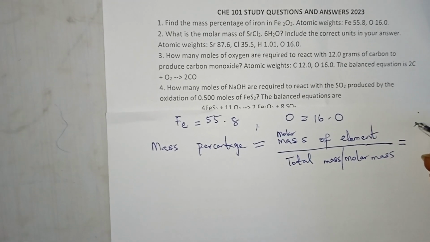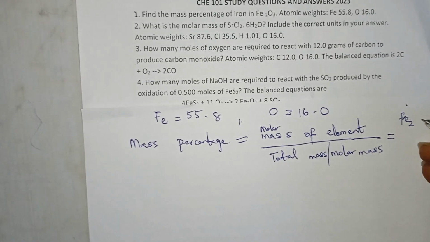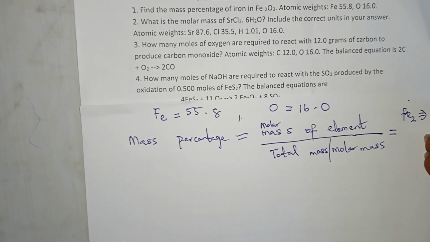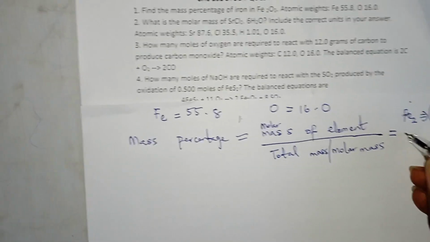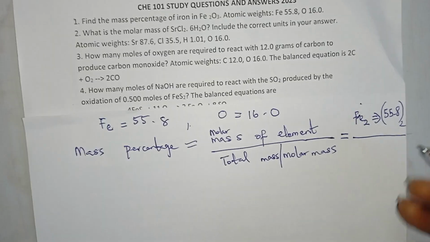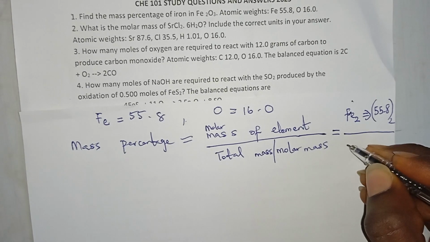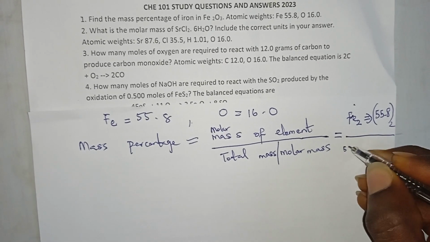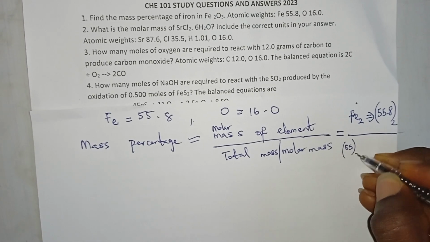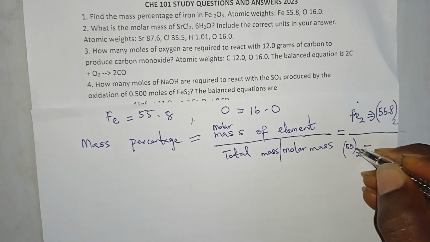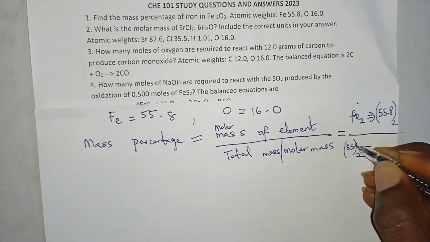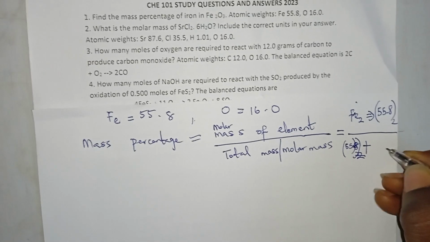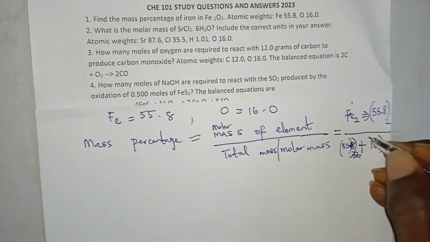So it's going to be Fe2, which is the same as 55.8 times 2, all over 55.8 times 2 plus 16 times 3.